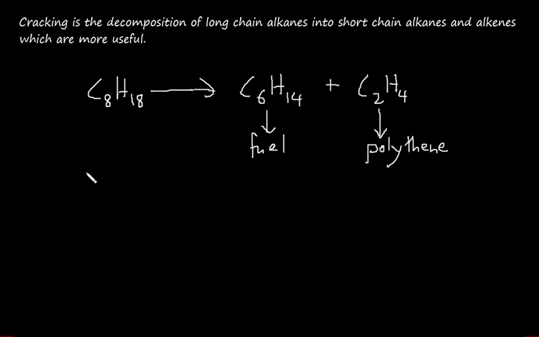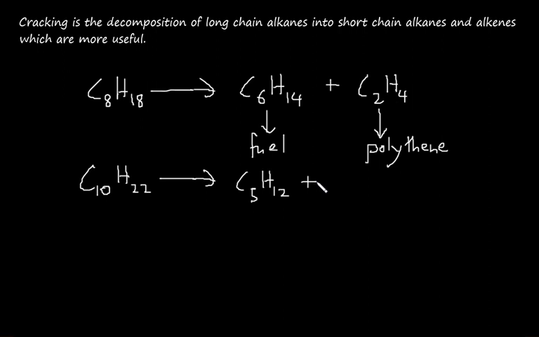So sometimes your alkane will have a very long carbon chain. Let's take decane for simplicity, C10H22. It is usually longer than that. It has more than 10 carbons in its chain. So decane upon cracking, this might give you more than two products. One of them will definitely be a short chain alkane, C5H12, which is pentane.